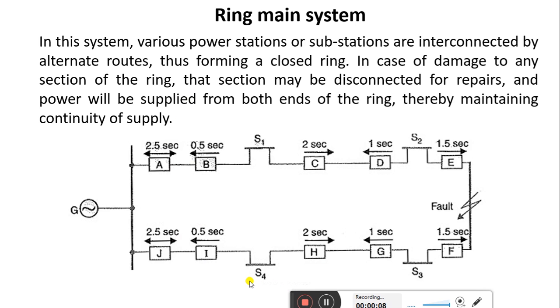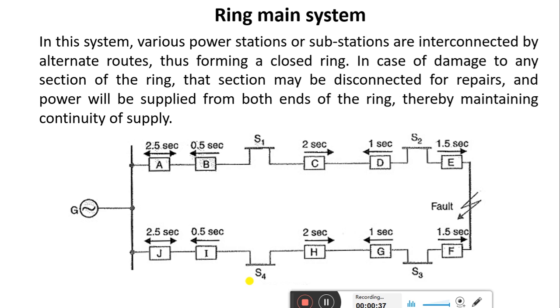So today in this class we will discuss the ring main protection system for a transmission line. The advantage of the ring main system for protection of a transmission line is that all substations are interconnected together, so that power can be fed from either side.